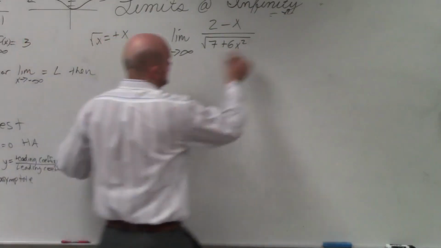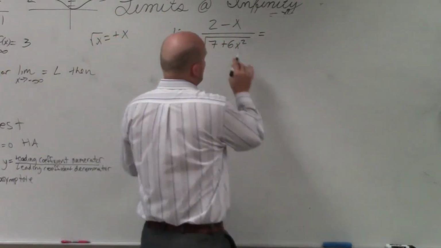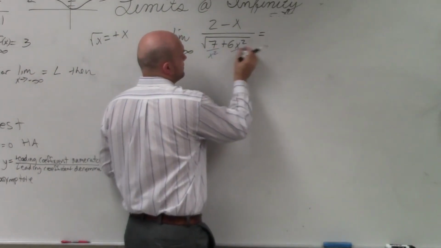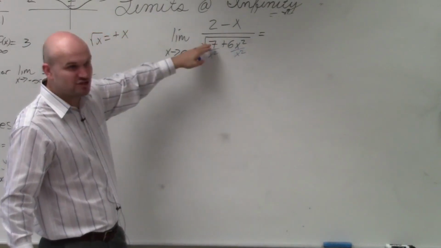So let's go ahead and divide what we're working with here. So I'm going to divide both of these numbers by x squared and x squared. But remember, those x squareds are under that square root, right?